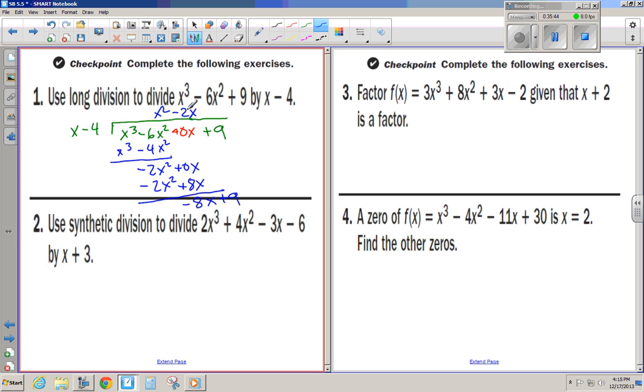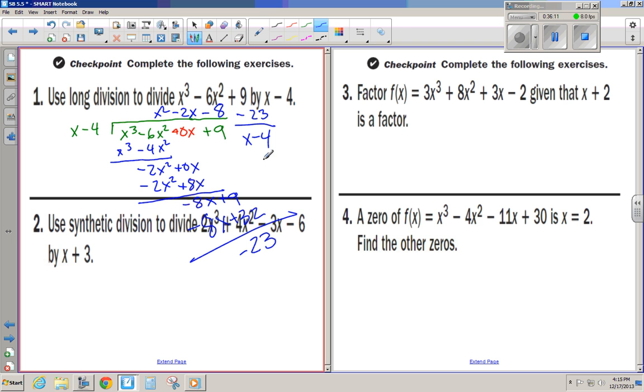When you are looking for what times x, you do minus 8. And when I work this out, it becomes negative 8x plus 32. And my remainder is negative 23. So negative 23 divided by x minus 4.